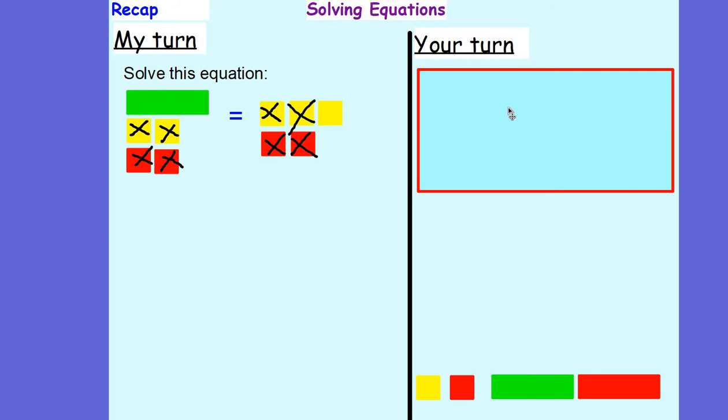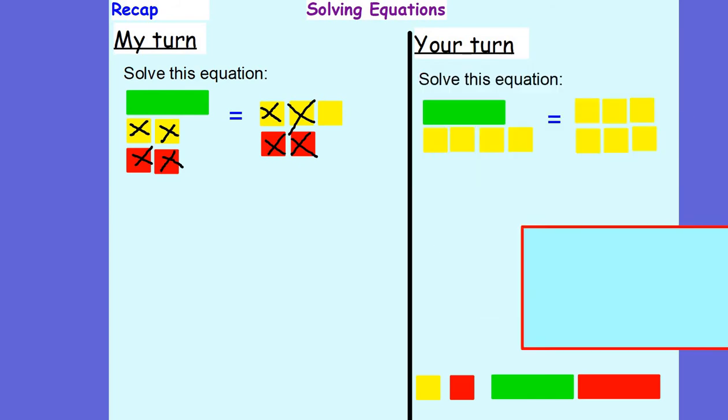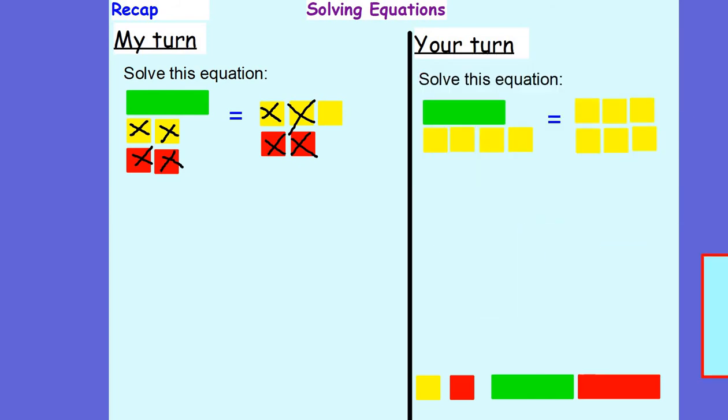Over to you guys, in your rough books or on your mini whiteboards, solve this equation. Feel free to pause the video for a minute while you work it out. Okay, I'll go through the answer. To solve it, I need to be left with just the green rectangle on the left side of the equation, and to do that I need to add 4 red squares.